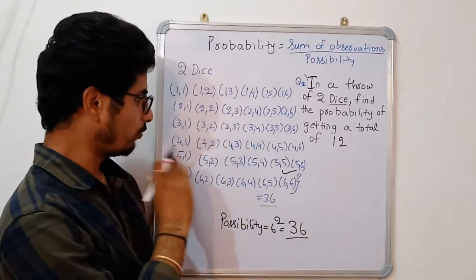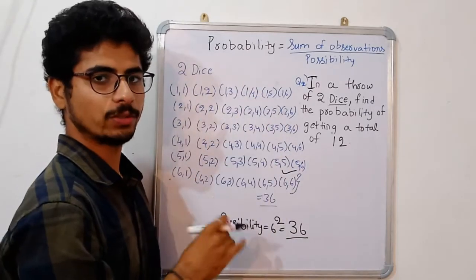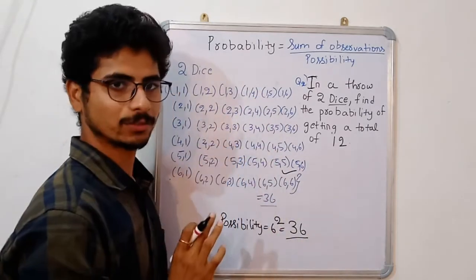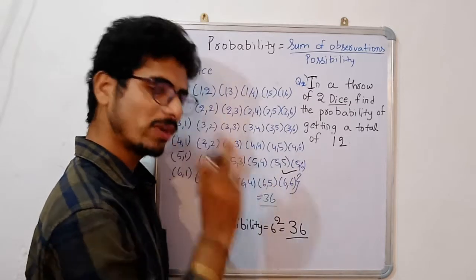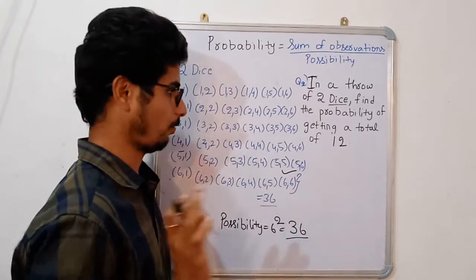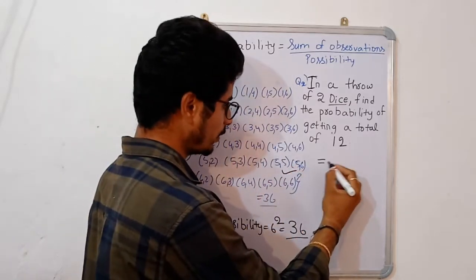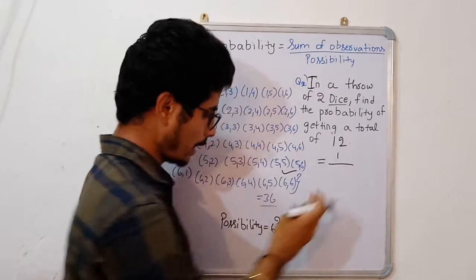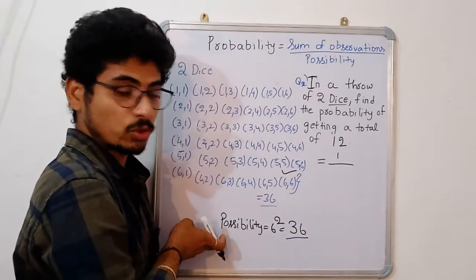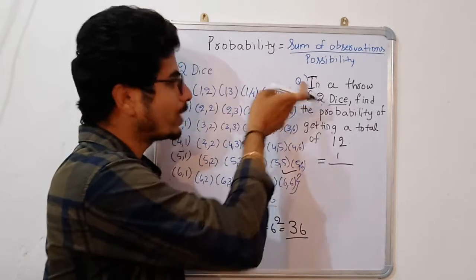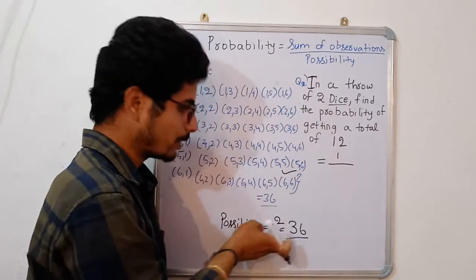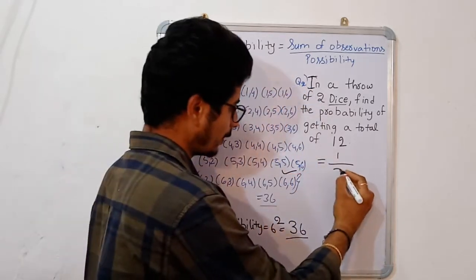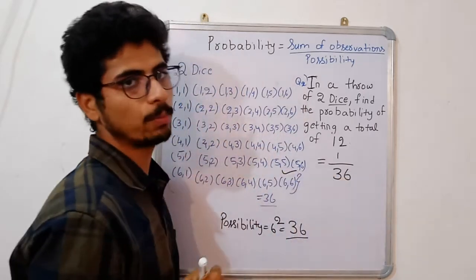So we won't be seeing any other combination when we add 2 dice. Okay, so 6 and 6 is the only combination we have. So the number of observations is 1, and as we said in the previous question, the total possibilities when 2 dice are thrown is 36, right?